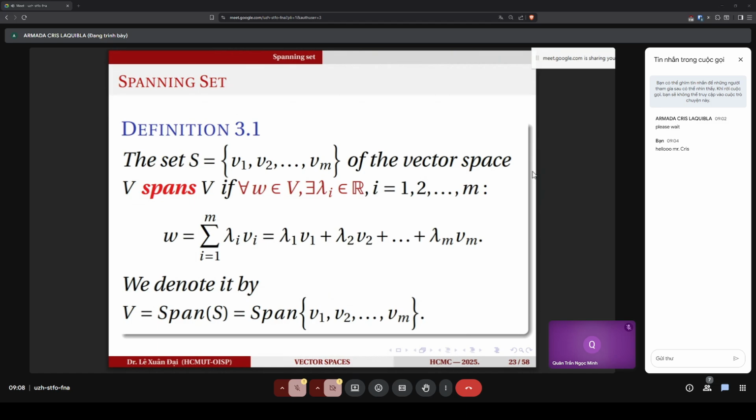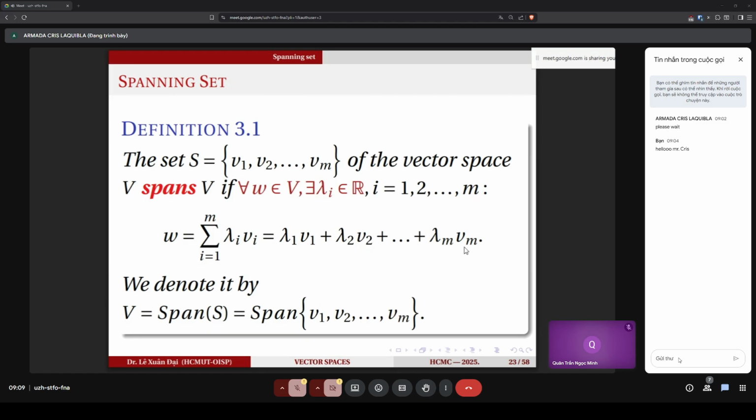A set of vectors v1 to vm in a vector space V spans V if for all w, an element in V, there exist lambda i, elements of the real numbers, such that we can express all the elements of V, like w, as the summation of lambda i vi, i from 1 to m, where the vi, v1 to vm, are elements of your set S, and the lambda i are elements of the set of real numbers.